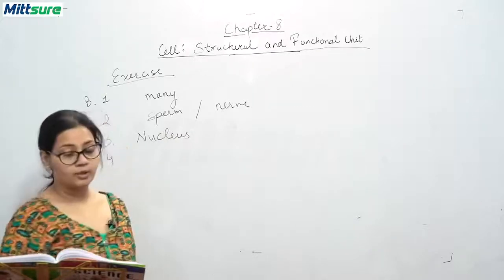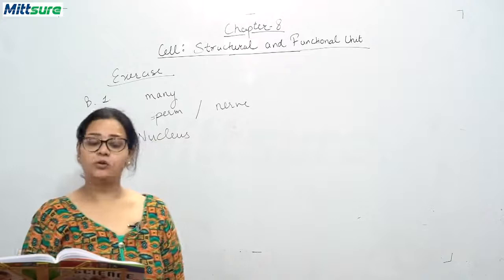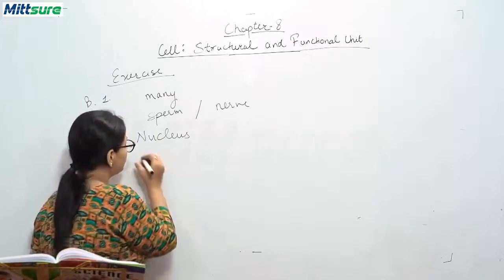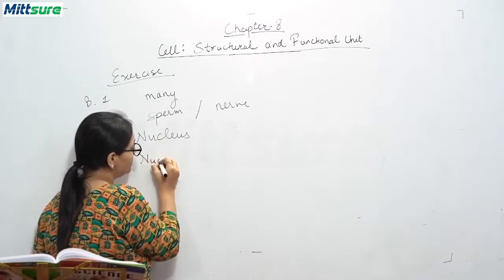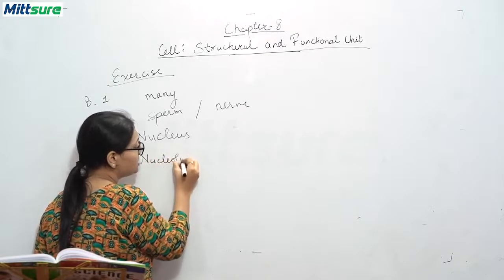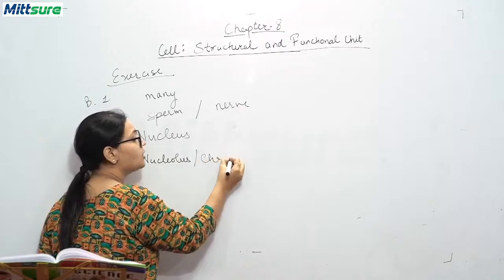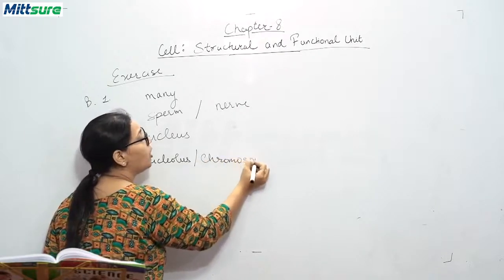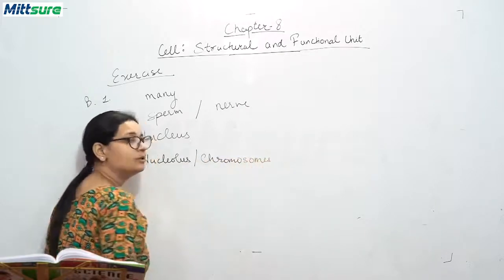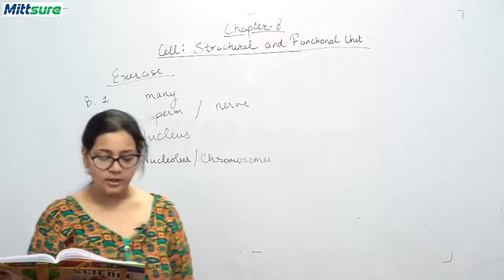Fourth, dash is the dense part of the nucleus. It is chromosomes. Chromosomes are the dense part of the nucleus. Okay.